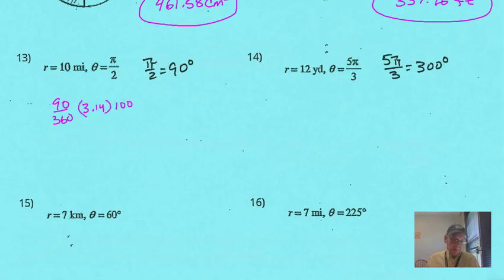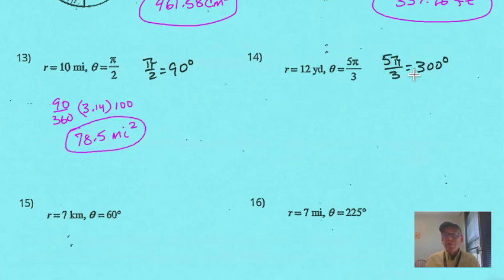So 90 times 3.14 times 100 divided by 360 is 78.5. And our units are miles, so miles squared.